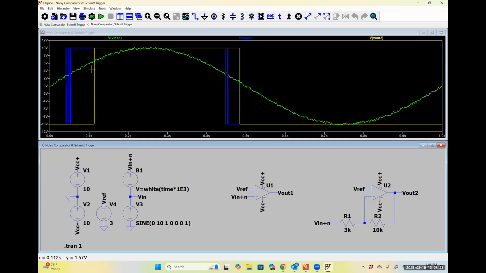But where we transition from VCC minus up to VCC plus, and where we transition from VCC plus down to VCC minus has changed. And the values of those voltages are going to be dependent on the size of those resistors in our feedback network, okay?